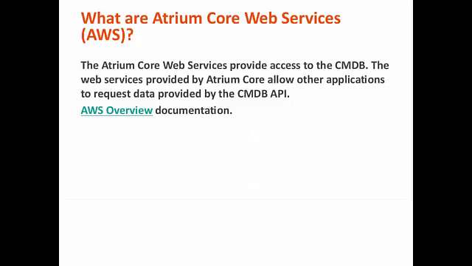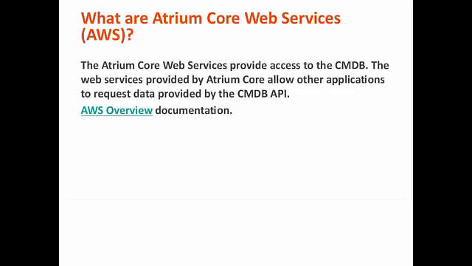So now we can talk about what the Atrium Core Web Services are. They provide access to the CMDB. That's all they do. They provide access to the BMC core forms. They don't provide access to any of the asset management forms or anything like that.